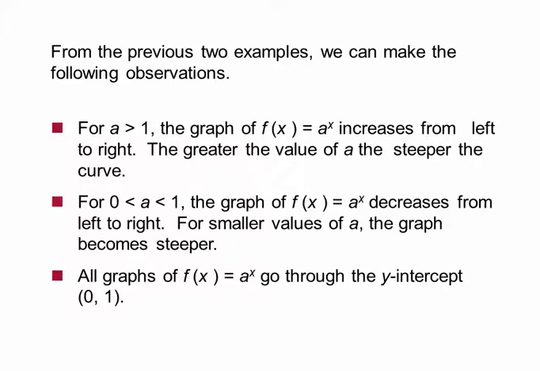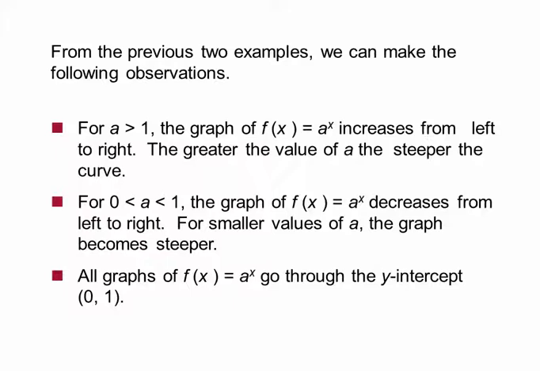So, here are the observations we can make. When you have a base, a, that's greater than 1, your graph is going to increase from left to right. In other words, it's going to get asymptotically close to the x-axis as the numbers get more negative, and it's going to get really, really big as the numbers get more positive.